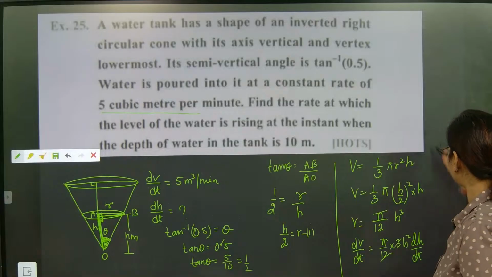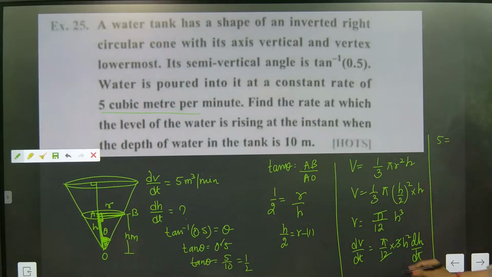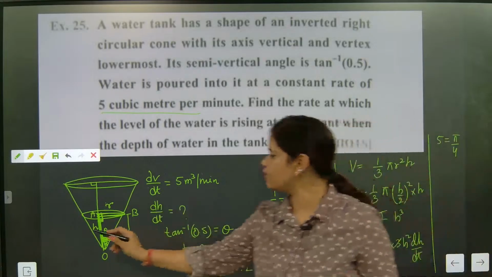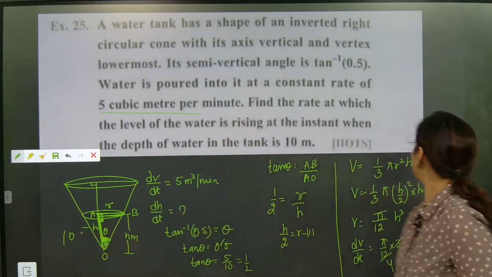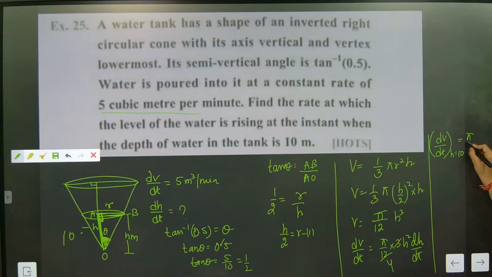So this will cancel. dV by dt value is given as 5. So 5 is equal to pi by 4, and the height at that moment is given as 10. So dV by dt at height equal to 10 is pi by 4 into 10 square dH by dt, and dV by dt at that moment is given as 5.